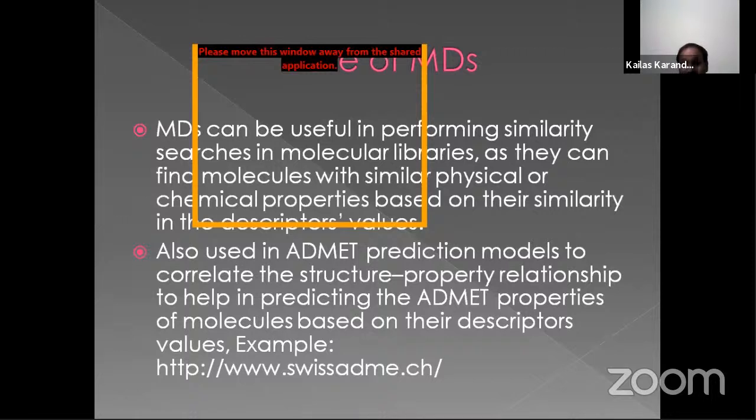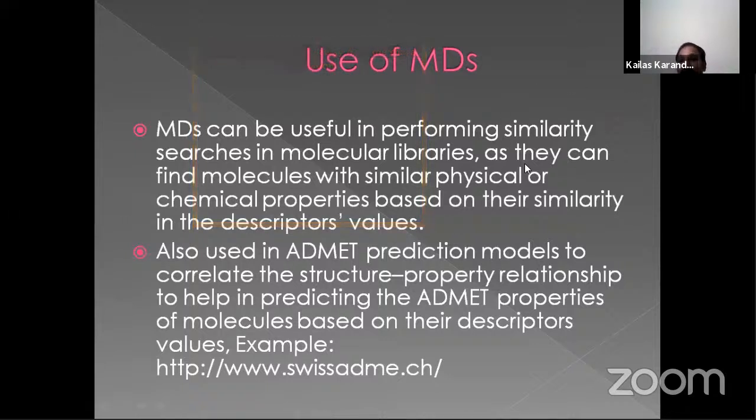It is a drug-like compound, but you want to prove it now as a drug. You want to prove its therapeutic significance, and for that sake, you are trying to make it similar to the standard one, which is the established, approved drug. That is the use of these molecular descriptors.